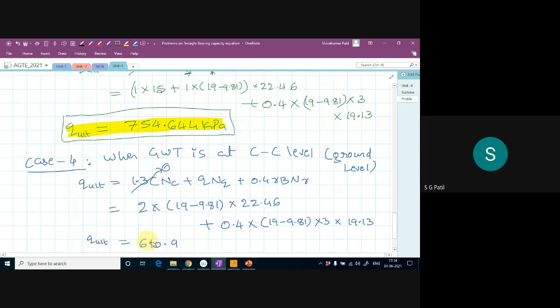Anyway, I'll keep 623.78. So it is around 624 kilonewton per meter square, or kilopascal.